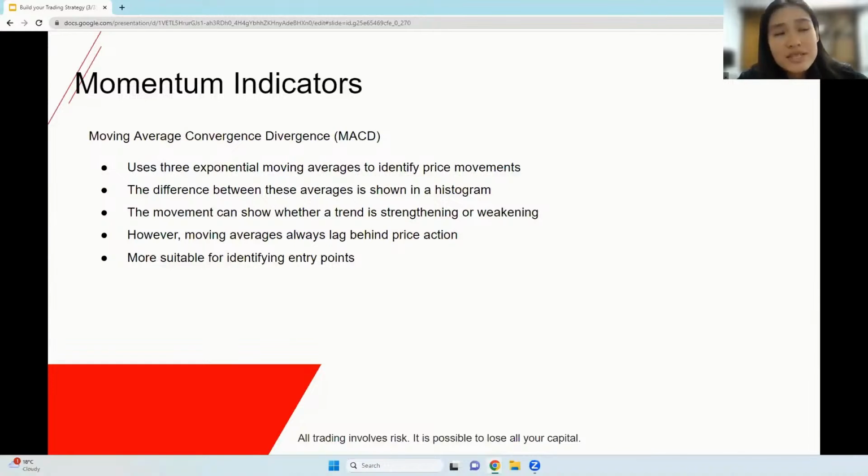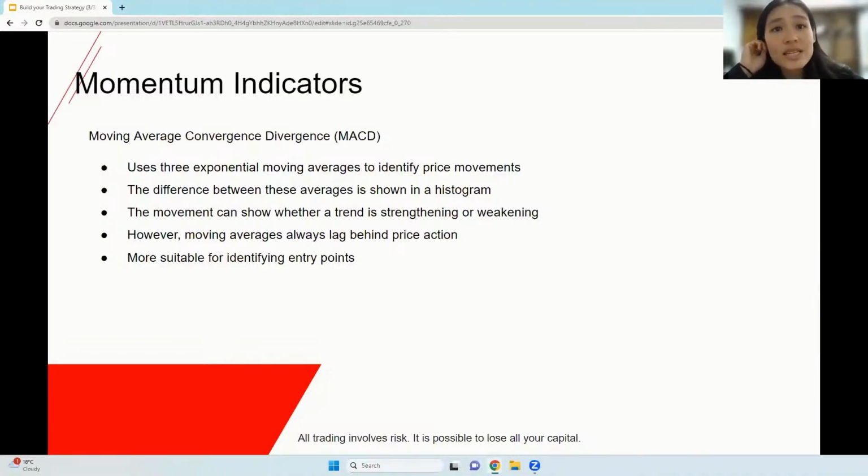So basically it uses 3 exponential moving averages to identify price movements, and the difference between these averages is shown in a histogram, which you will see in the next slide. The movement can show whether a trend is strengthening or weakening.